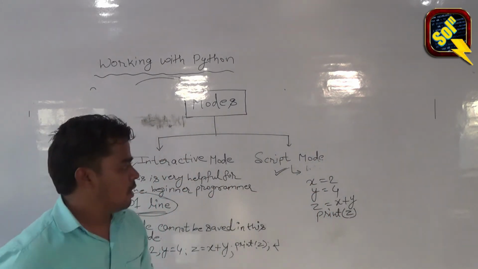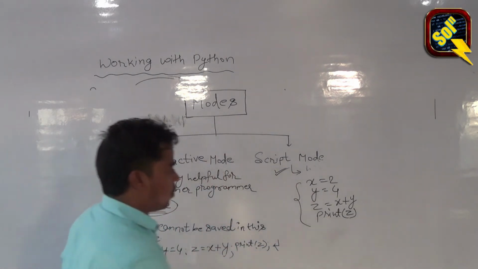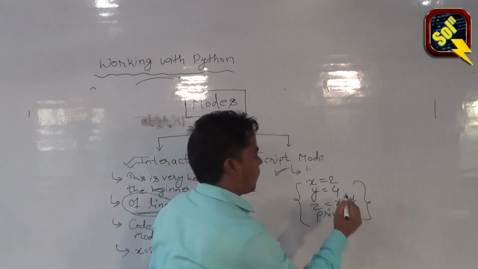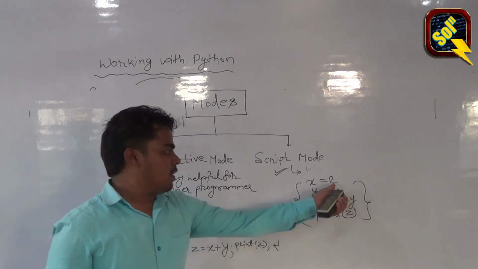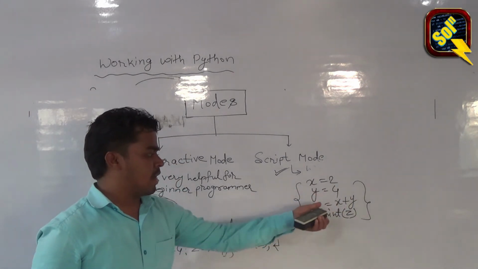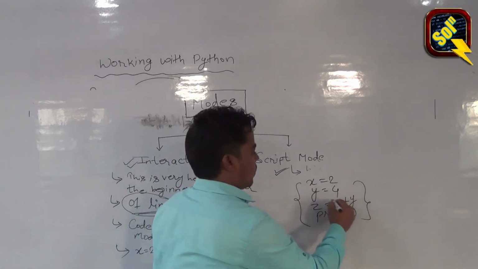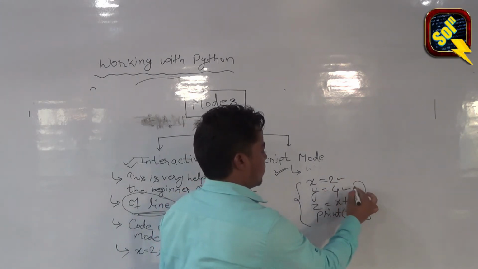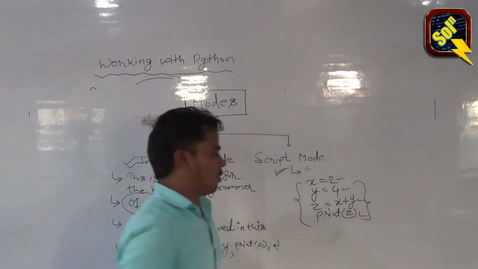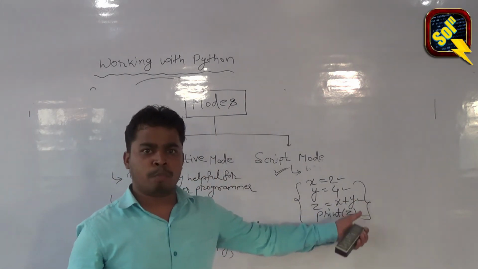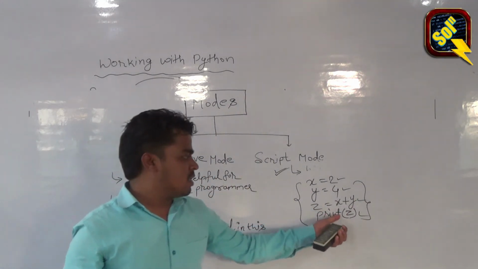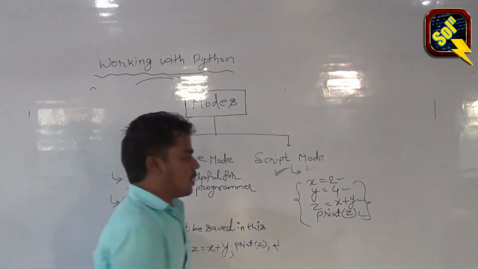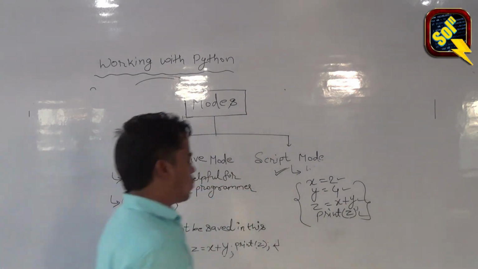Okay, so in this way we can write the code in script mode. Here you can see we have written the code in multiple lines. So whenever required, we can go back to the particular statement. Suppose here is statement 1, statement 2, statement 3, statement 4. If you want to move back to some statement, you can easily go back and edit or debug the code.